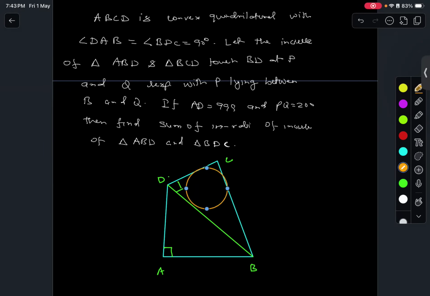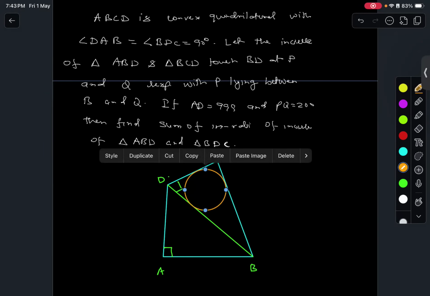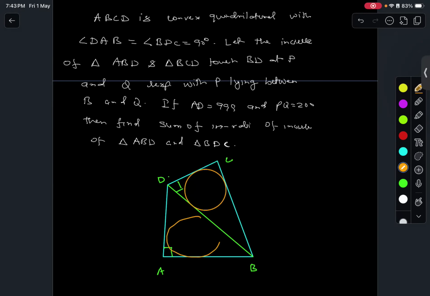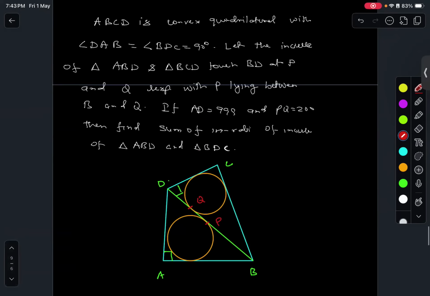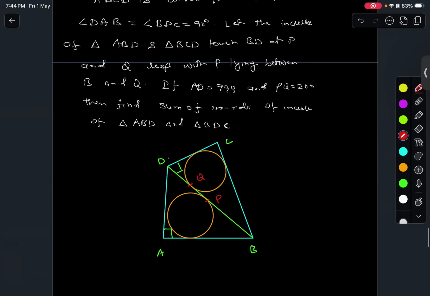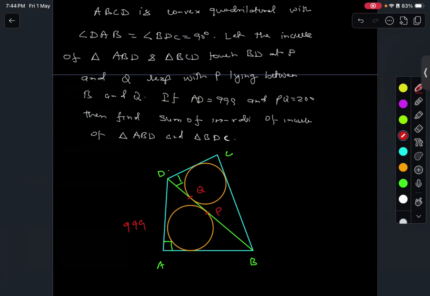One is here and let one be here. This is point P and this is point Q. AD is coming as 999 and PQ is coming as 200, right? Now what do I have to find?